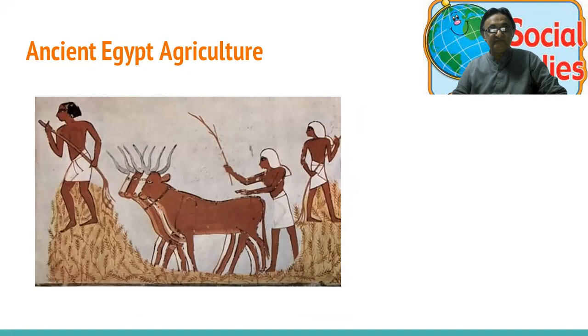In the ancient Egypt agriculture image, you can see the dress and the appearance of the humans and the activities, which clearly indicate that this is an agricultural activity.